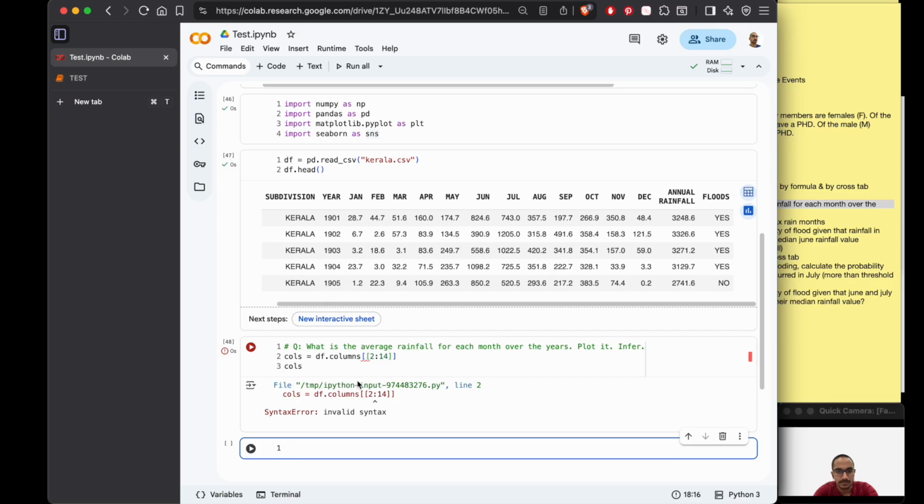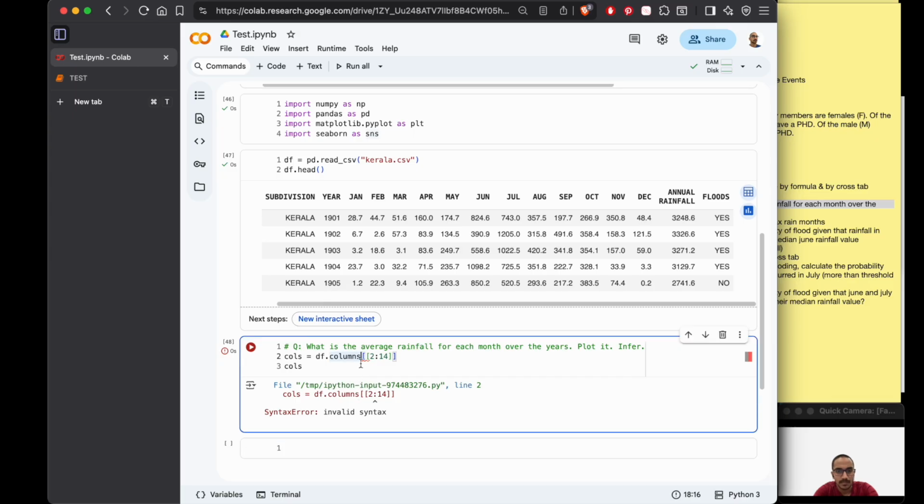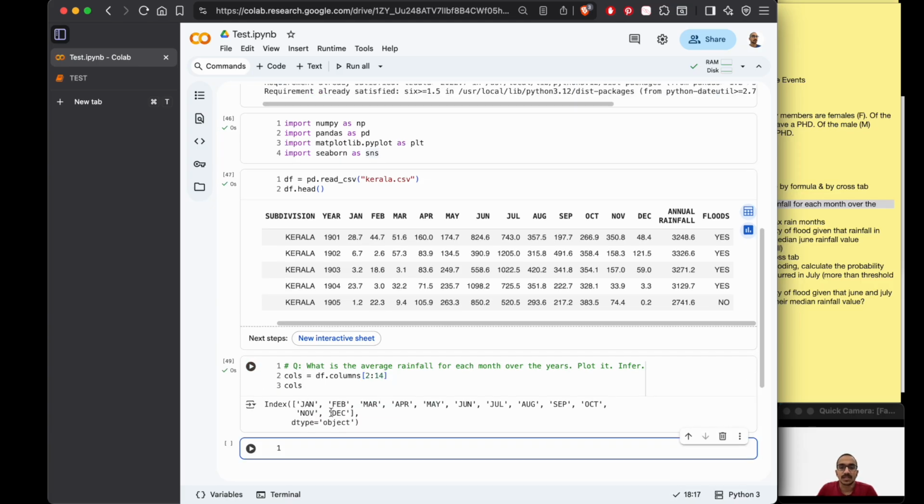Okay, so these are the columns we need, right? January to December. Now we just have to compute the mean for all of this.